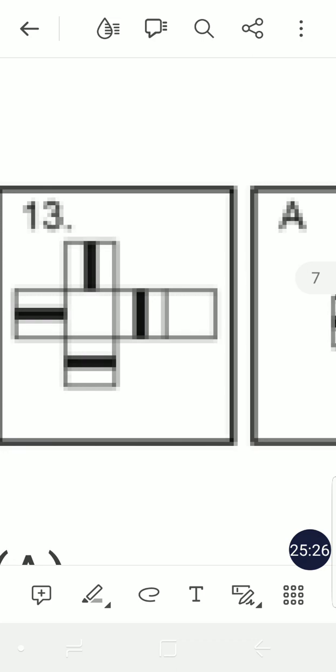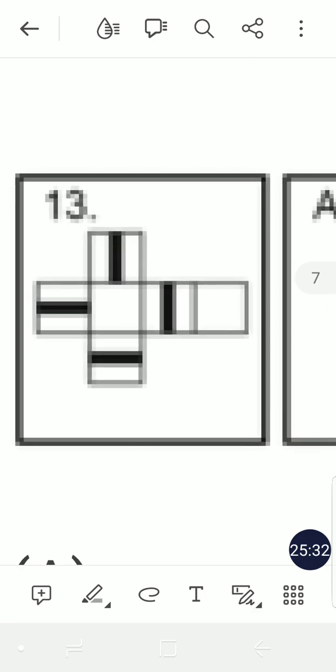And also you can see that the two faces with plain white squares are opposite each other.